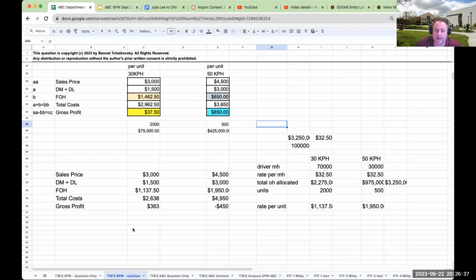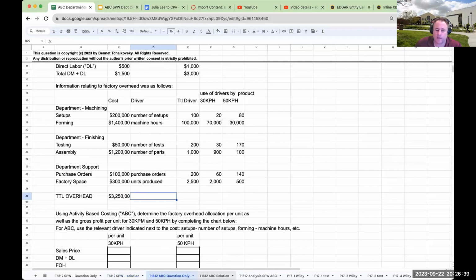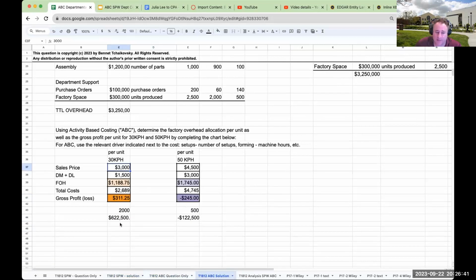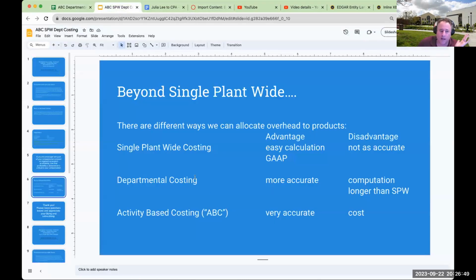And by the way, if the numbers under single plant-wide are the same as activity-based, or relatively close, which would we do? Well, you probably would want to use single plant-wide because you're getting the same results as activity-based, and it's a lot easier to calculate.